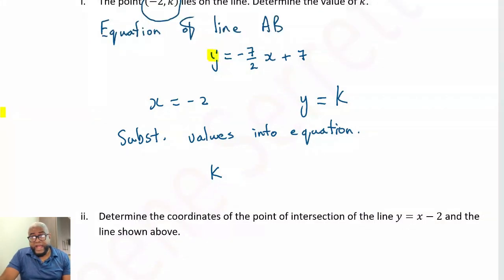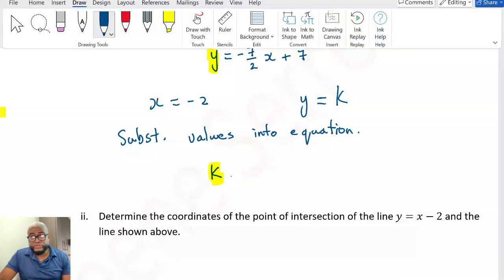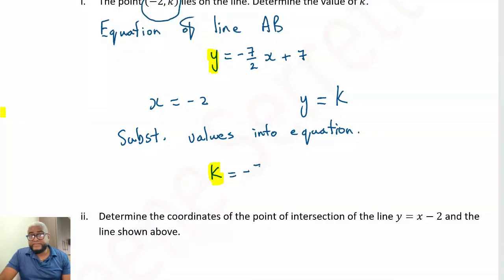Instead of y, I put k. Everybody good? Everybody see that? k is equal to -7 over 2. Instead of x, what do I put? What's the value of x? -2. Everybody with me? Yuvraj, talk to me. You here? Right. Plus 7.